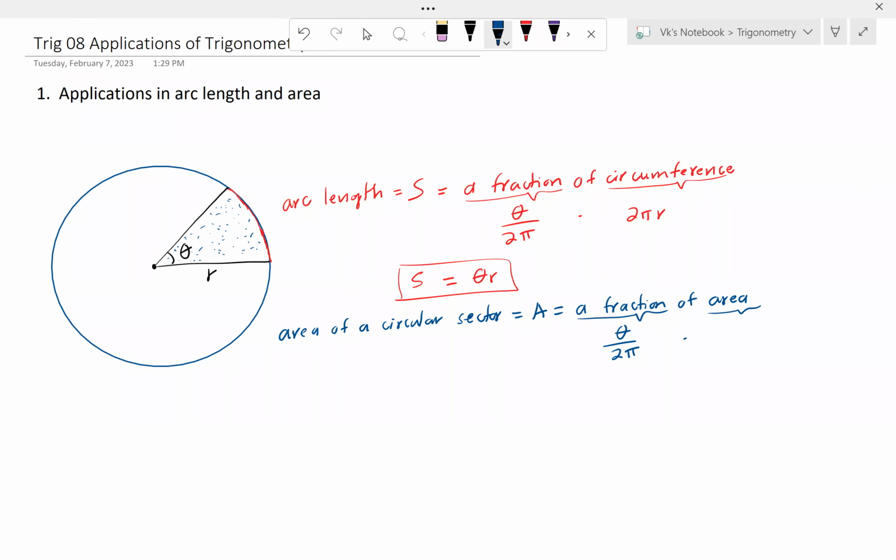Area is pi r squared. So A is half of theta r squared. Super cool formula. Let's see how we apply them.